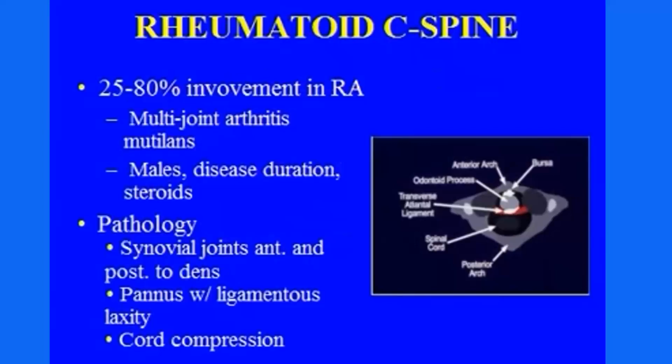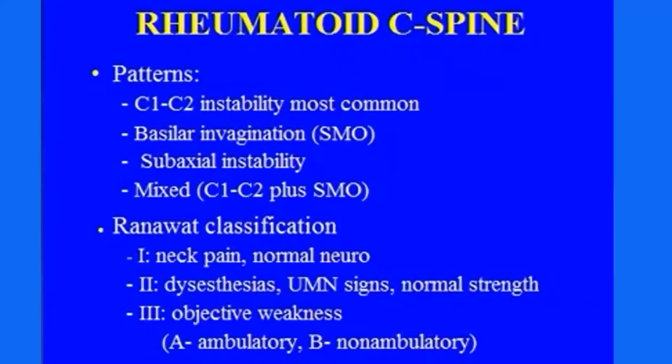Then there is cranial settling, and the odontoid starts migrating superiorly, and it may even go into the foramen magnum.